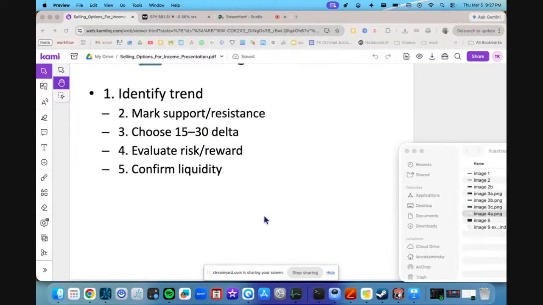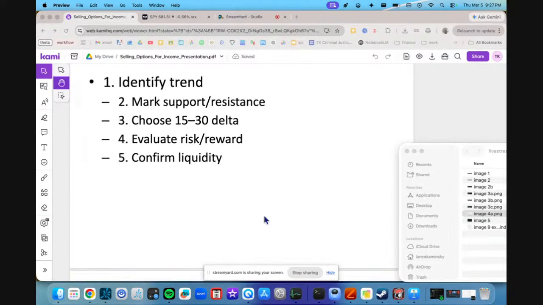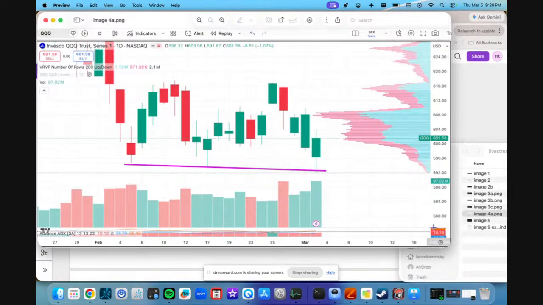Okay. You want to evaluate your risk and reward. You always want to be figuring out how much premium you're taking in for the position, and whether it is worth the probable bet that it might work out in your favor. So in that last position, sure, you could sell a 500 put. It's almost impossible to get down there, but you're not going to be taking in much income for it.